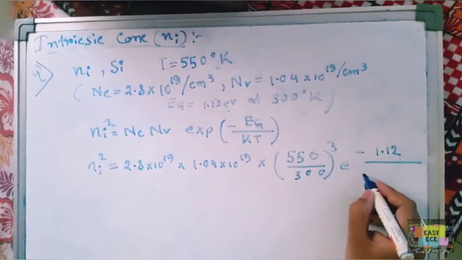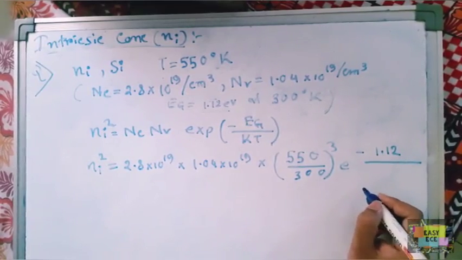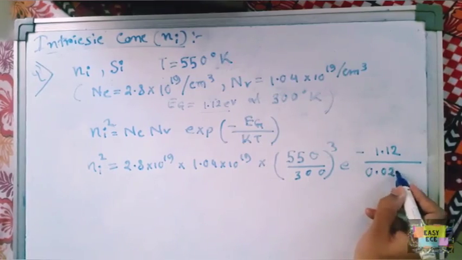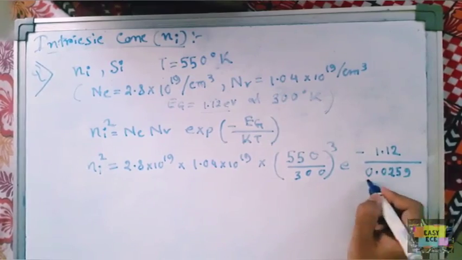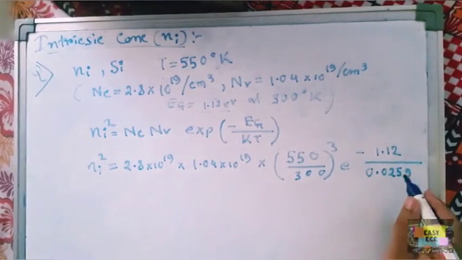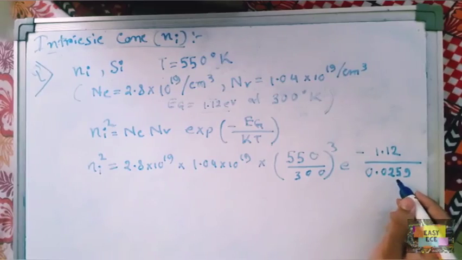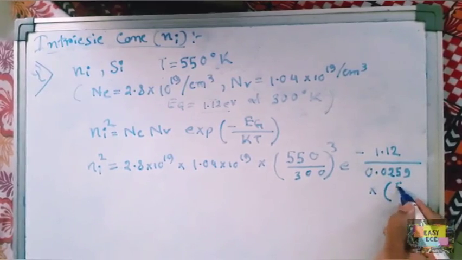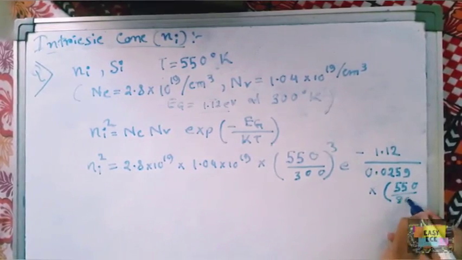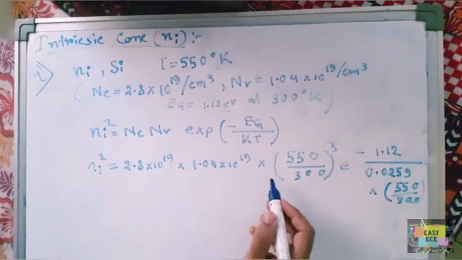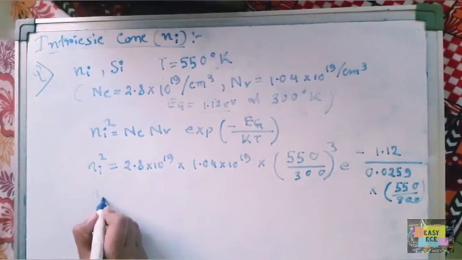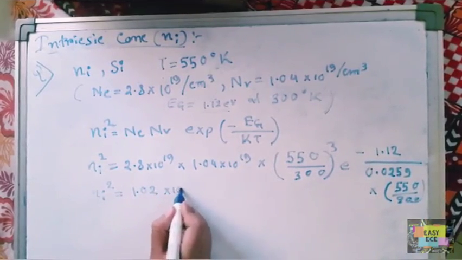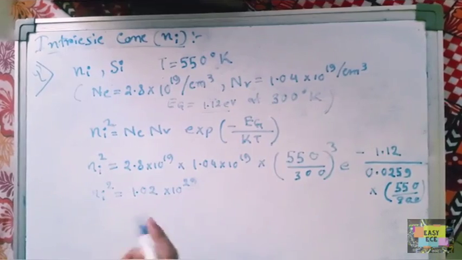The value of k we know already, in short form 0.0259, into the temperature, 550 divided by 300. After calculating this, we get Ni square equals 1.02 × 10^29. Now what is Ni?